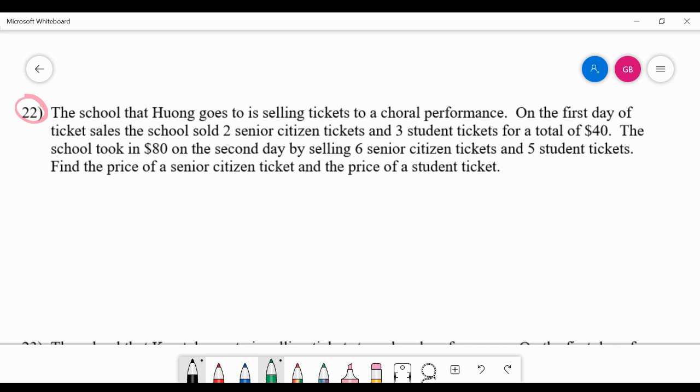So we're going to identify the unknown first, which is going to be the ticket prices.